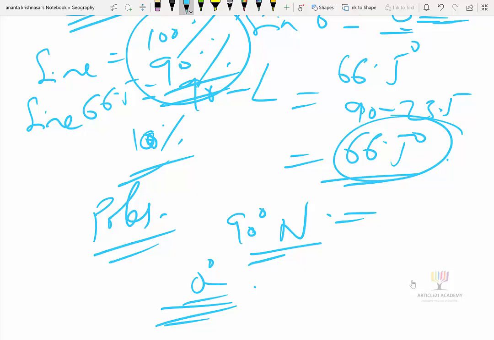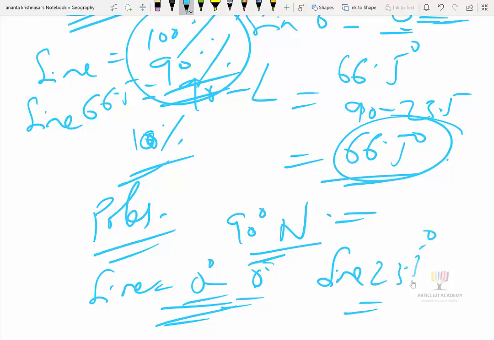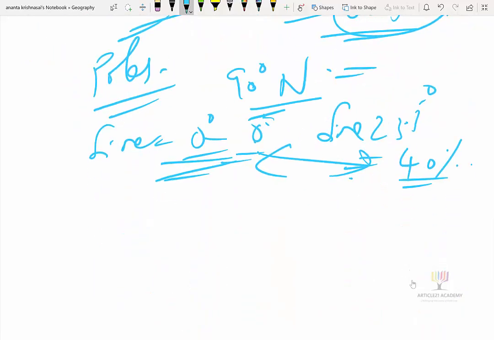Sine 0 will give you 0, and sine 23.5, which is the maximum value possible for the solar altitude, is near 40%. That means the variation is maximum in this region, between 0% and 40% in terms of the solar insolation and its intensity received at the surface of the earth.